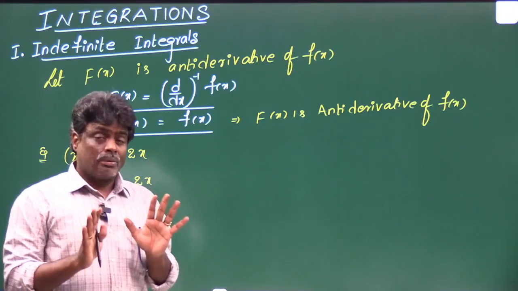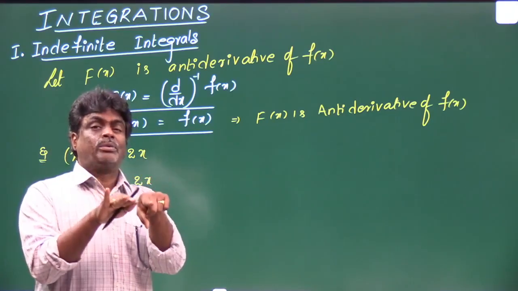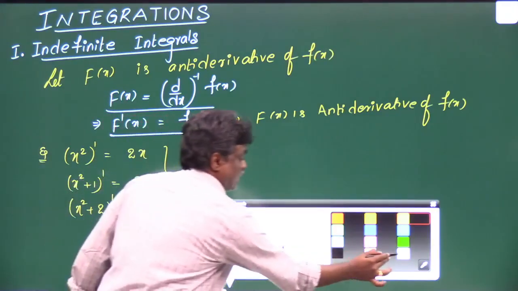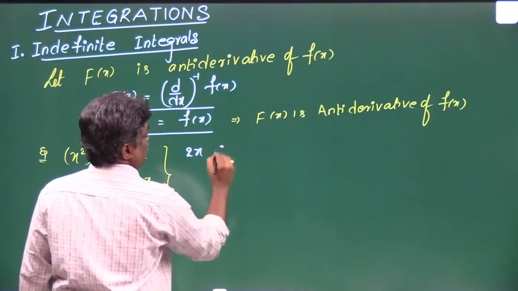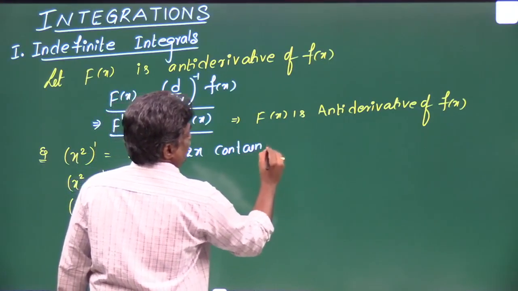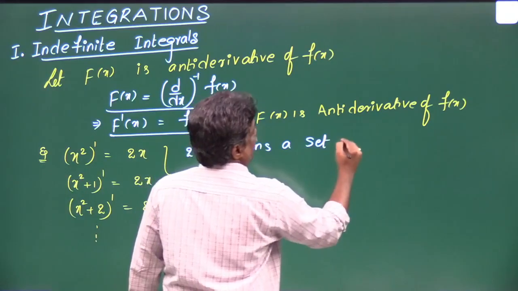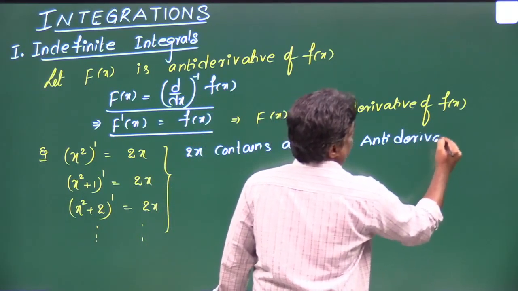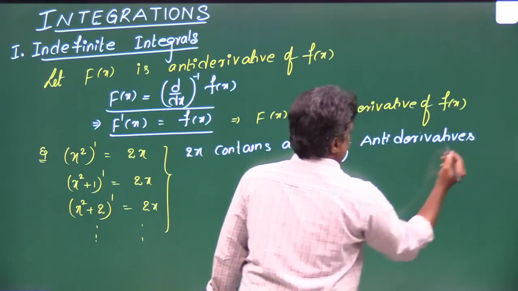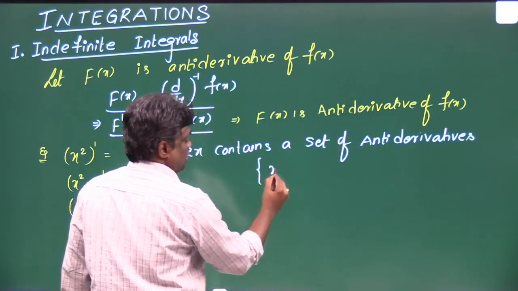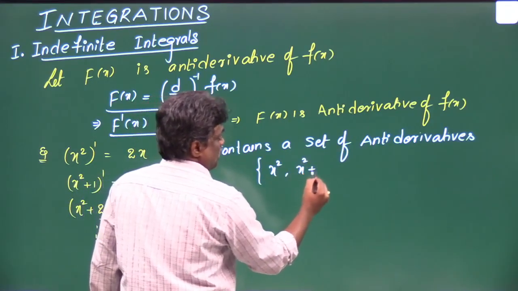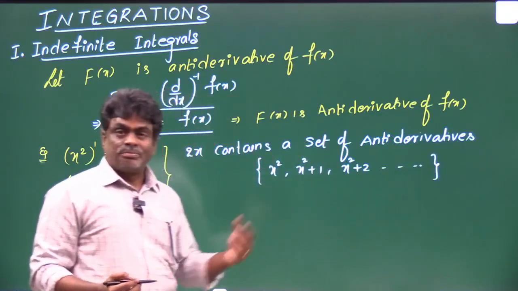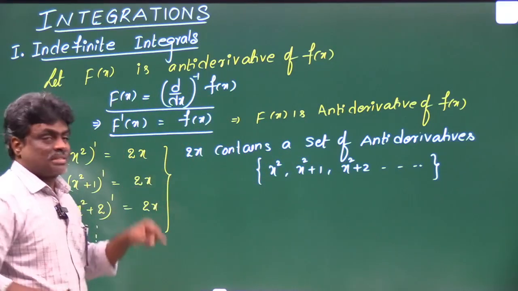So 2x has a set of antiderivatives: x square, x square plus 1, x square plus 2, and so on. All these are antiderivatives of 2x.